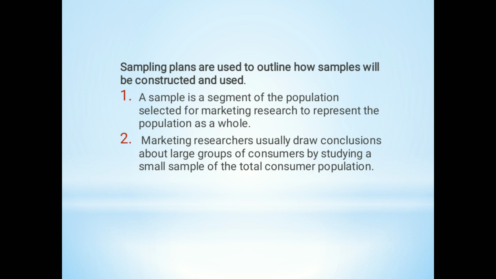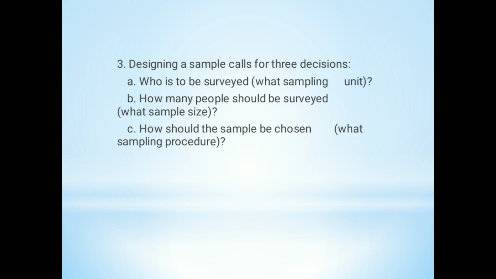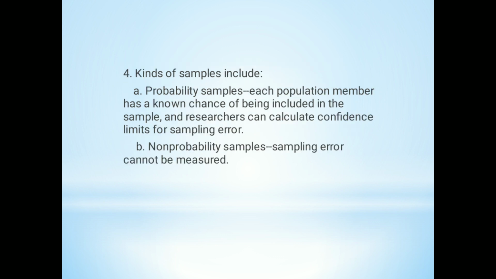Number two, marketing researchers usually draw conclusions about a large group of consumers by studying a small sample of the total consumer population. Number three, designing a sample calls for three decisions: what is to be surveyed, how many people should be surveyed, and how the sample should be chosen.